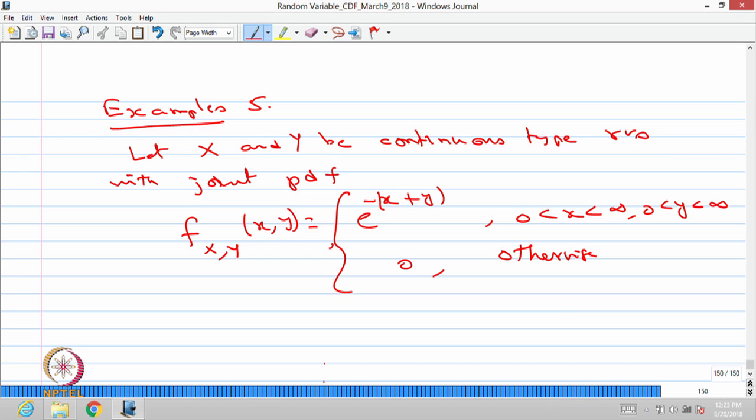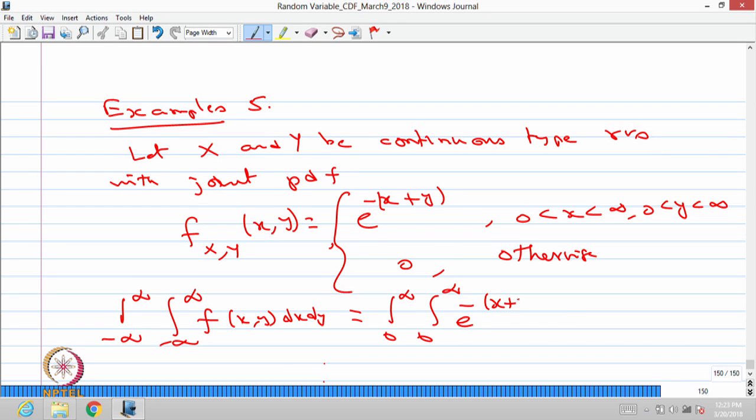You can verify whether this is a joint probability density function by integrating it with respect to x and y, that is the integral from 0 to infinity of e power minus (x plus y) dx dy, which is same as 1. Therefore, this is a joint probability density function.